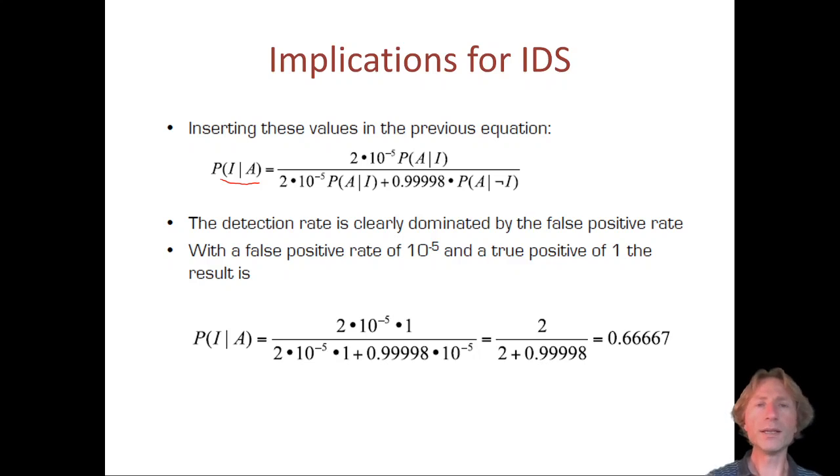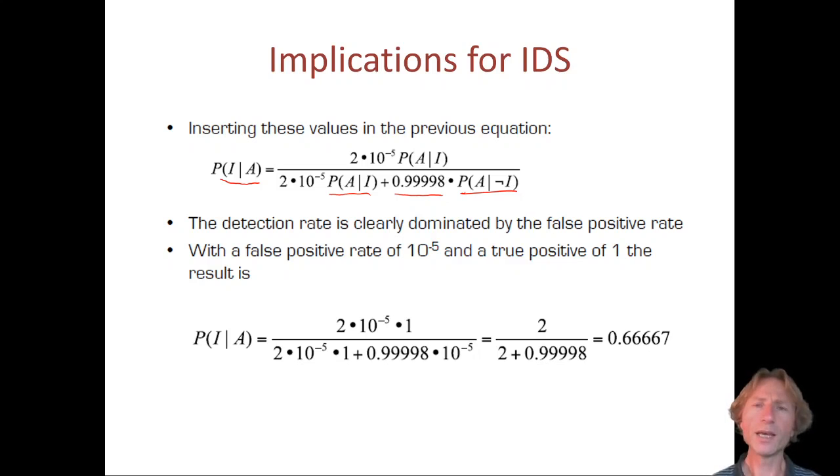And divided by 2 times 10 to the power minus 5, again a small number, times the probability of there being an alarm, given that there is an intrusion, plus 0.99998 times the probability of there being an alarm, given that there's no intrusion.